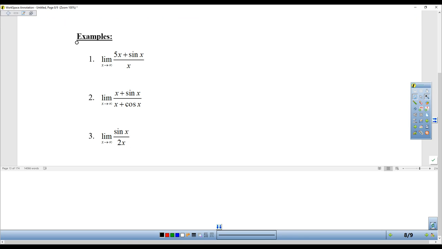So in example number 1, we are going to break this limit down into 2 separate functions, 5 over x plus sine of x over x. Technically, you need parentheses to show that you're taking the limit of the whole thing. This simplifies to 5.